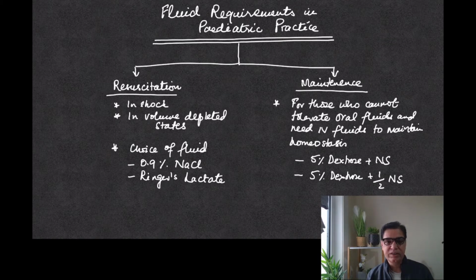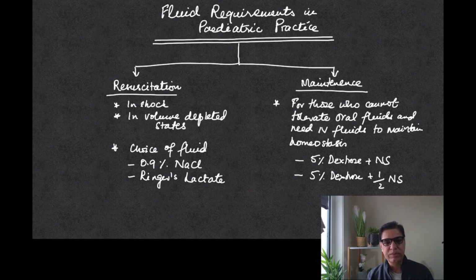Usually, Ringer's lactate is the fluid of choice of the surgeons because they usually give these fluids perioperatively or post-operatively to the patients because obviously they have lost volume during surgery. While 0.9% sodium chloride is the fluid of choice for the physicians, especially in all those medical patients who are in a shock-like condition or who are in a volume-depleted state, they are given 0.9% sodium chloride.